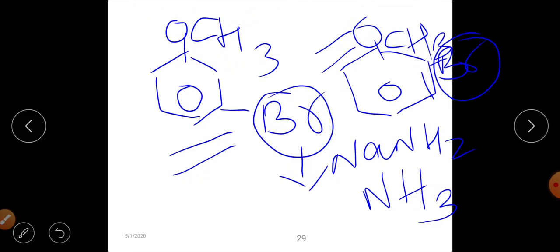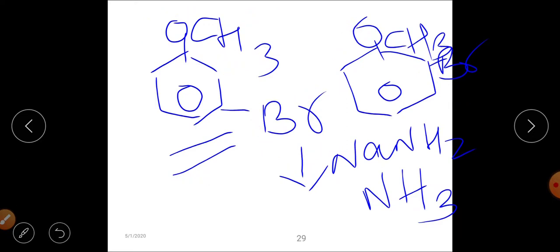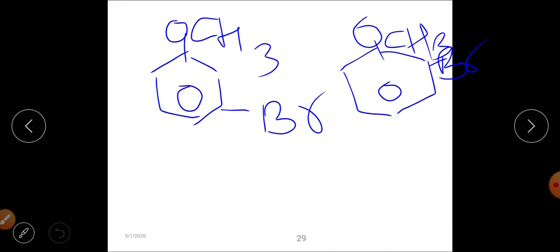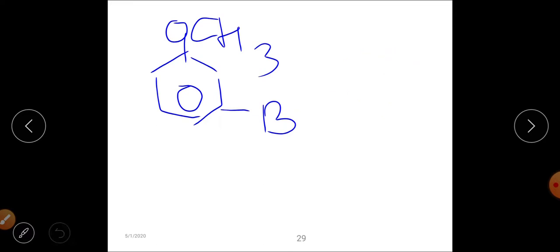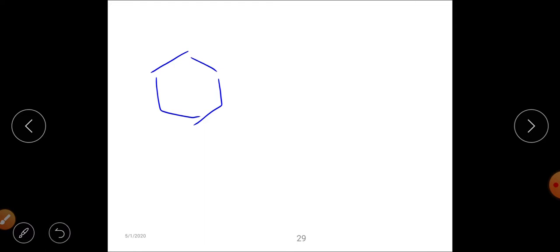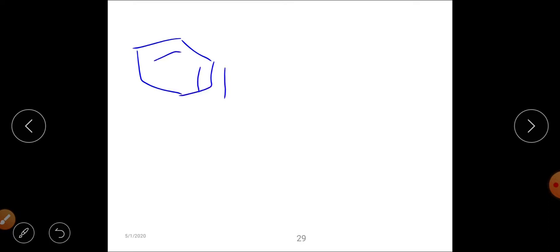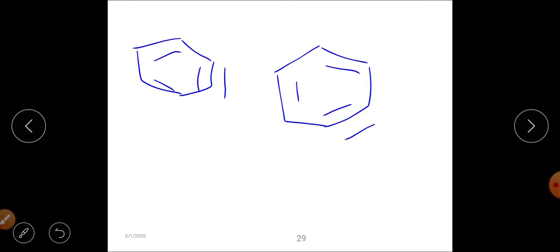First of all I will show you the two possibilities of benzyne formation, how the benzyne can be synthesized on this particular substrate, and when we observe it we can see that this benzyne can be synthesized and this benzyne can also be synthesized.